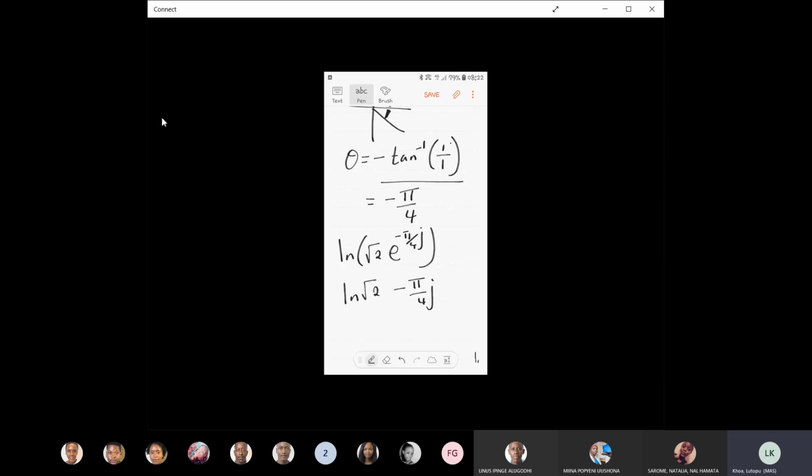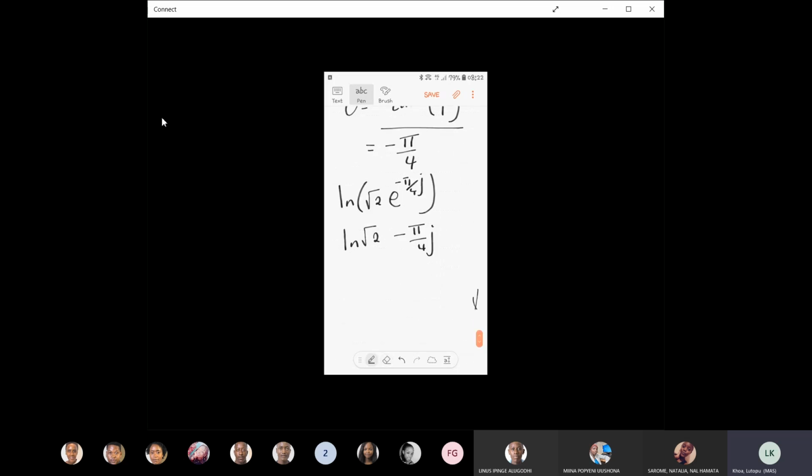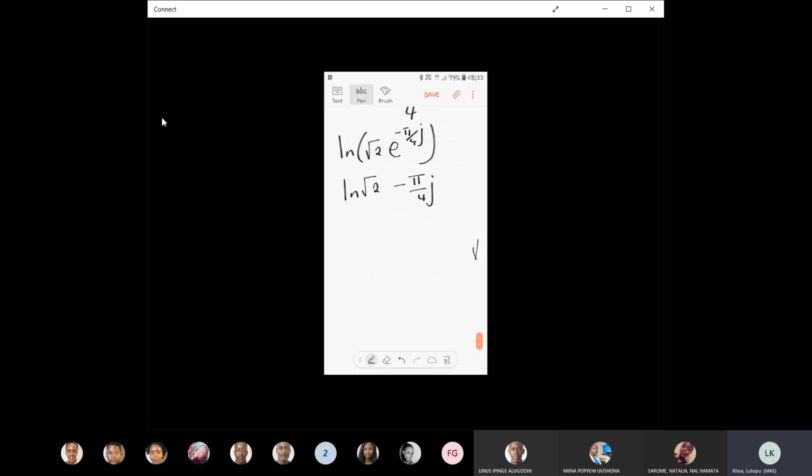That is my principal value of ln of 1 minus j. Okay, so remember, there are several solutions, but we are looking for a specific one, and that is the principal argument. And now, what I said at the beginning, what is ln of minus 1?